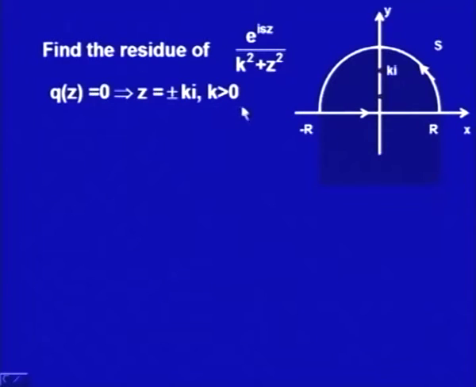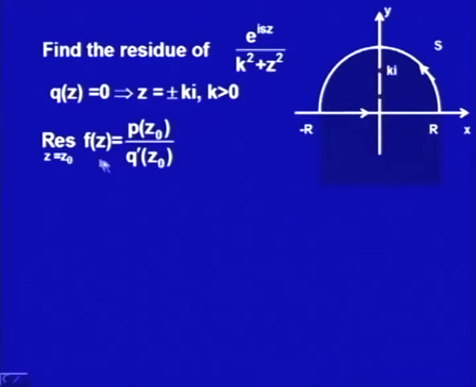So, the zeros are at plus and minus k I. That says that the function e to the power I s z upon k square plus z square will have a pole at only one point, k I, on the imaginary axis in the upper half plane. So, we have to calculate the residue at that point.